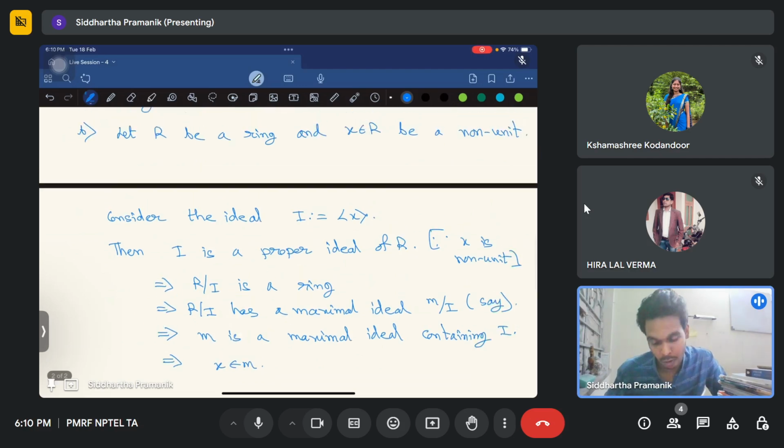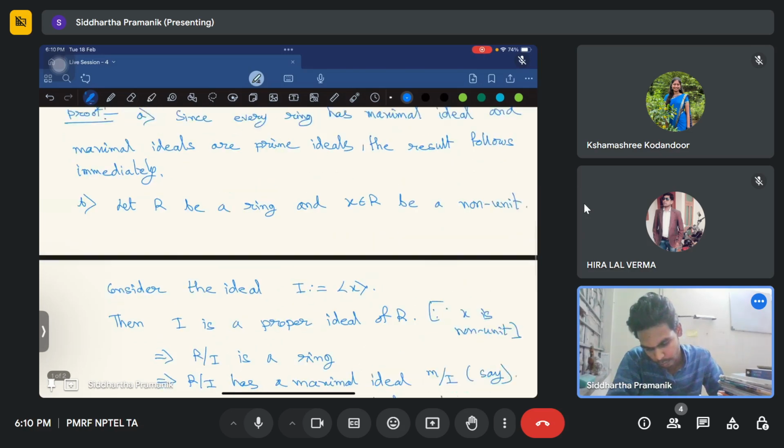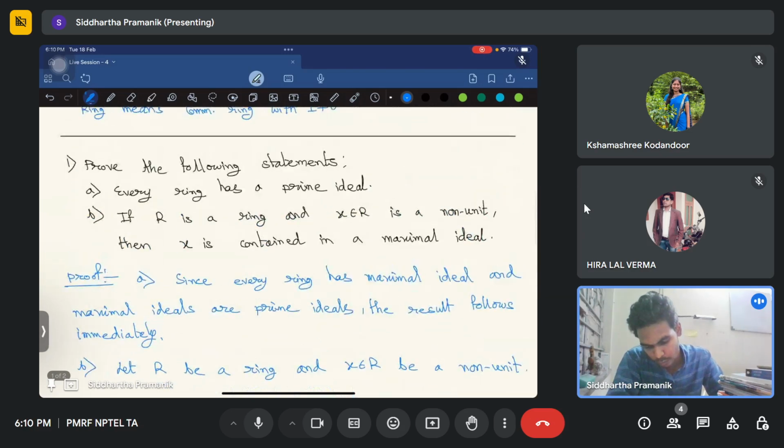So this result is also easy to prove. From the first part, we can also conclude that every non-unit is contained in a prime ideal.